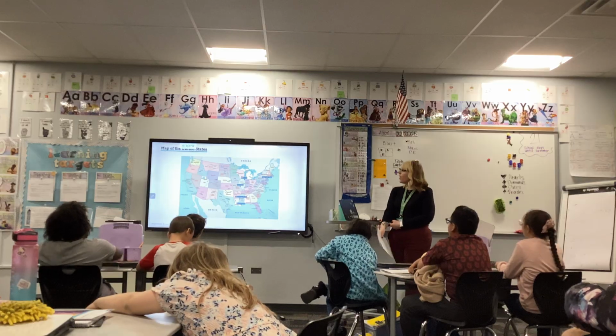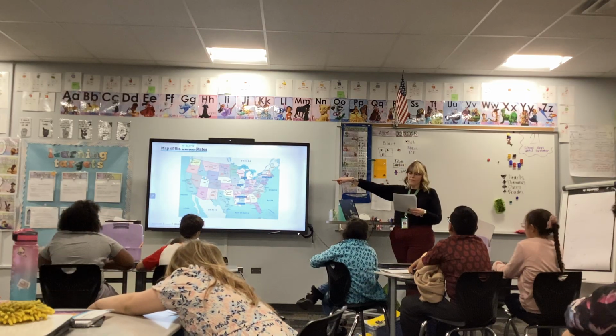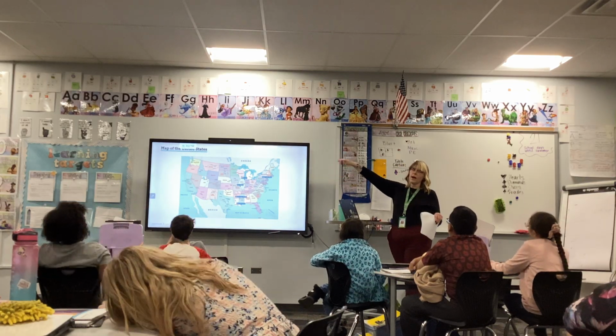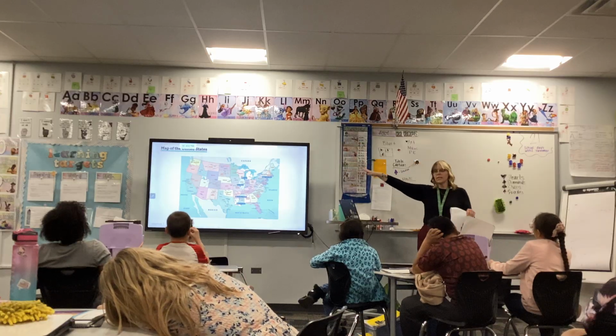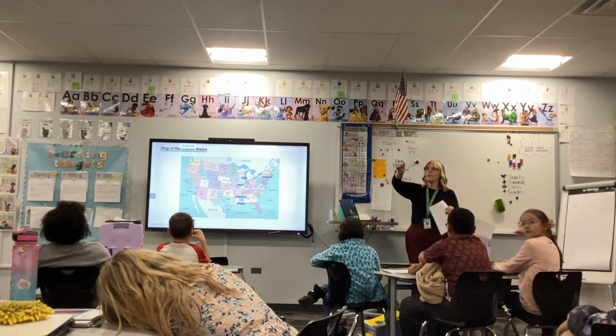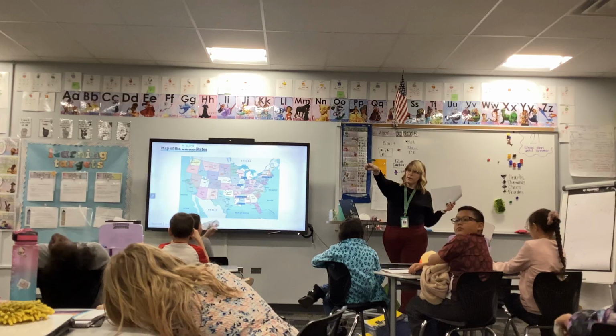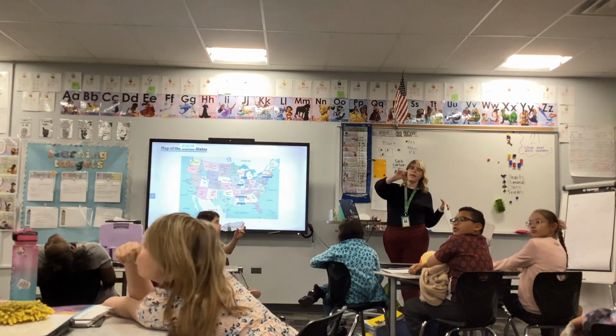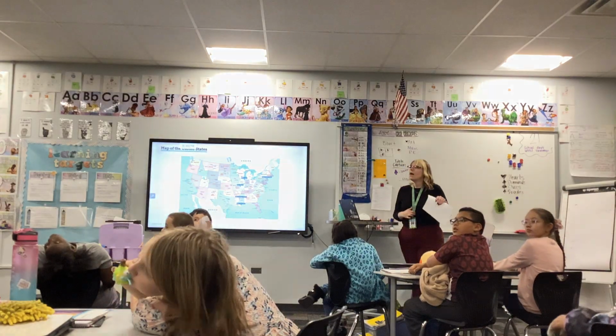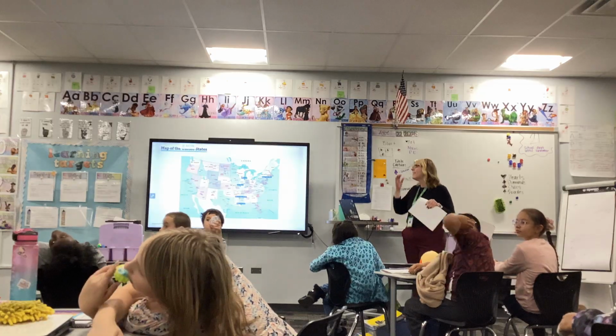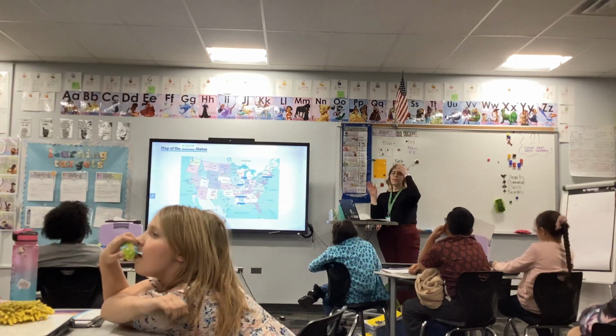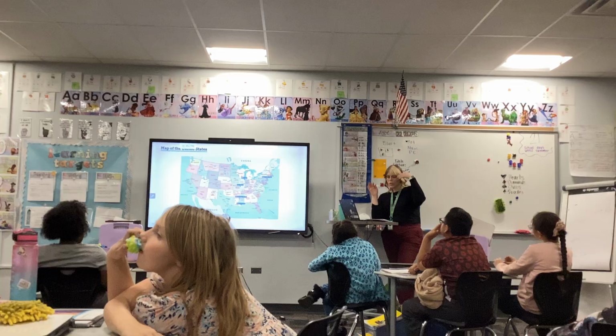But then we also have the Mississippi River, which is a main point of this lesson. If you look back on the map, the Mississippi River is still highlighted back there. Beautiful. And St. Louis is on the Mississippi River.